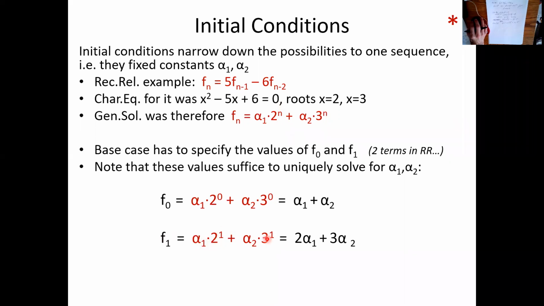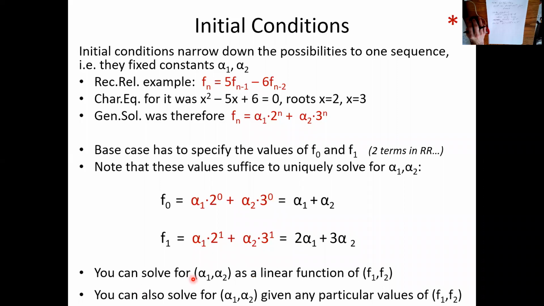Now this is just 2 and this is 3, so you get that. And now what do you have? Any fixed F0, F1 give you two linear constraints on alpha 1 and alpha 2, and that suffices to solve for alpha 1 and alpha 2.